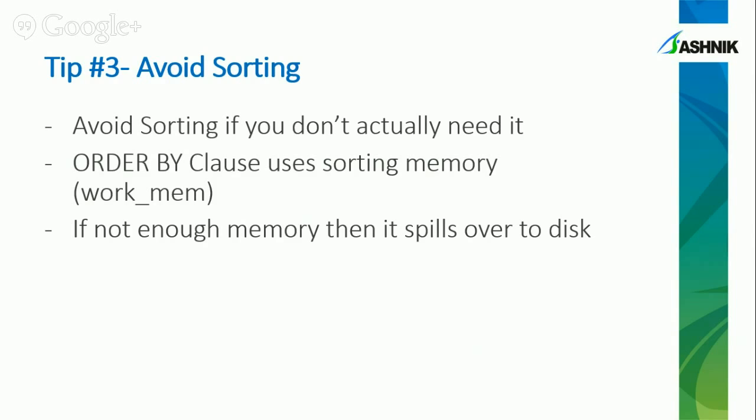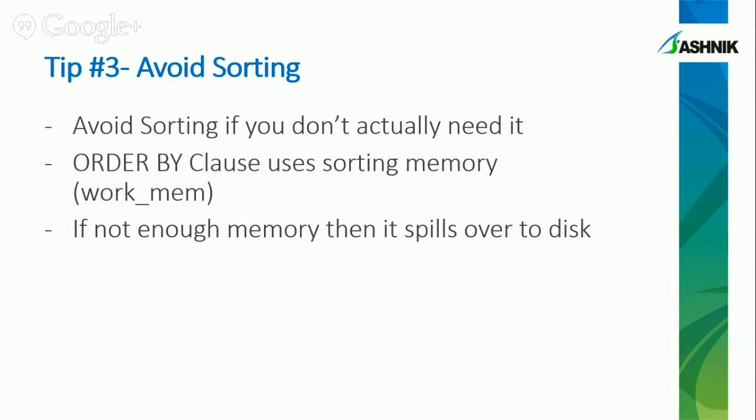Use them only when your application and your end user require them, because whenever you do order by, there is some sorting memory required. When this sorting memory is required, PostgreSQL tries to allocate that from work mem. But if work mem is not enough to accommodate all the data set which needs to be sorted, it will spill over to disk.